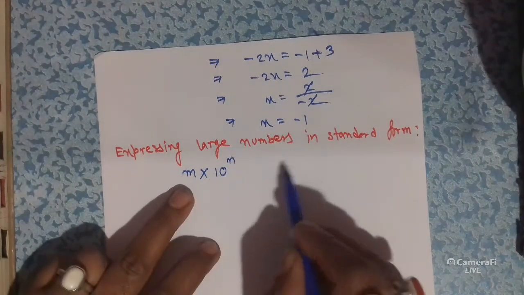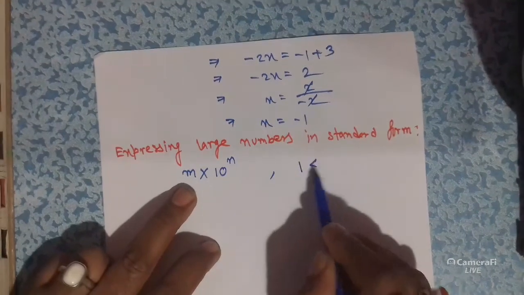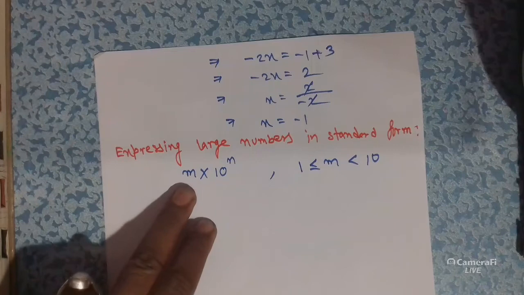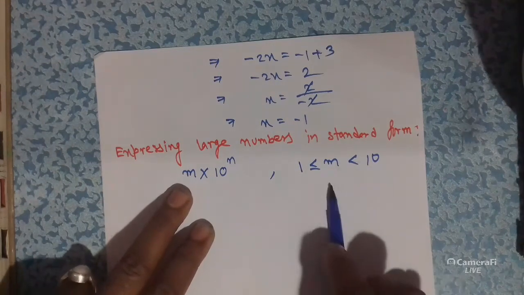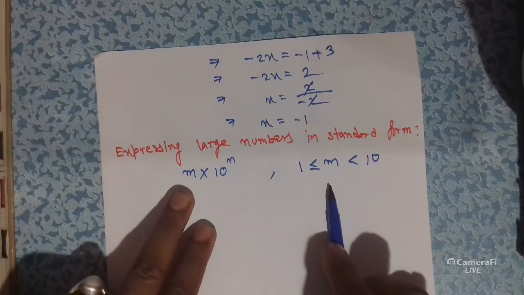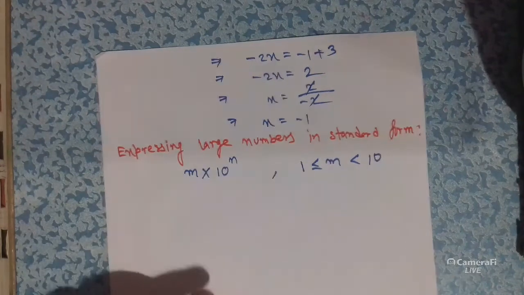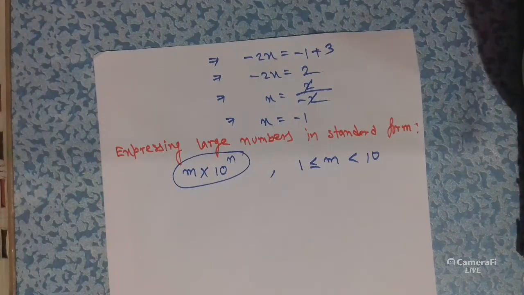Here the value of m should be 1 less than or equal to m less than 10. The value of m is always 1 or greater than 1 but less than 10. Clear? So this form is called standard form.